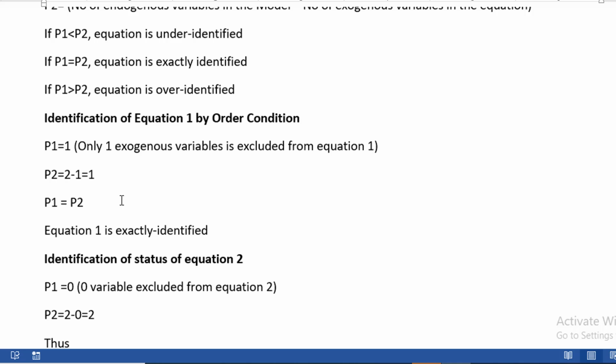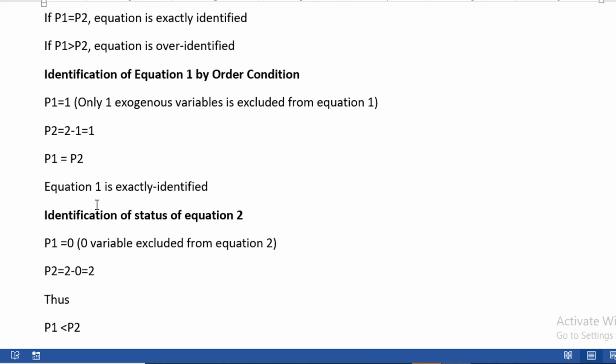As there are only two equations, we have only two endogenous variables. So P2 minus 1 is equal to 1. It means P1 is equal to P2. Equation 1 is exactly identified.